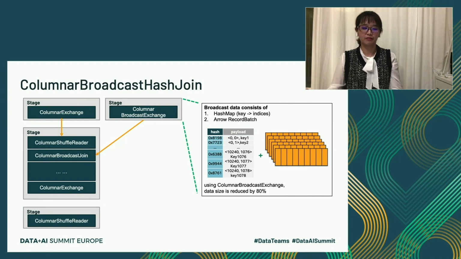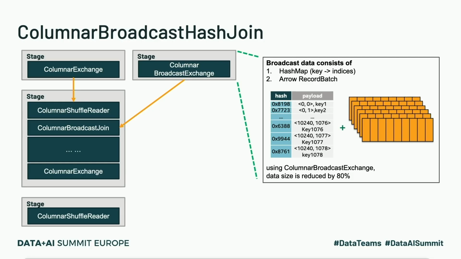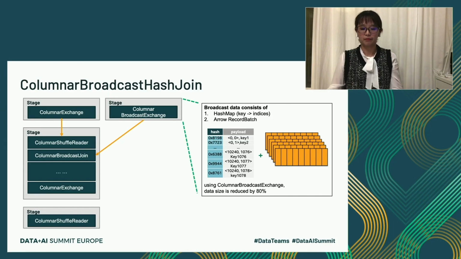The second benefit is using the columnar format to broadcast data. The data size will be more compact and capacity efficient compared with a row-based hash map.